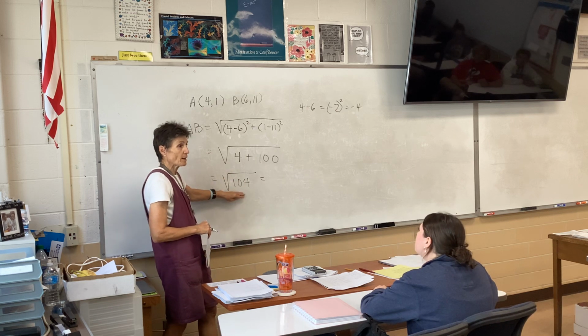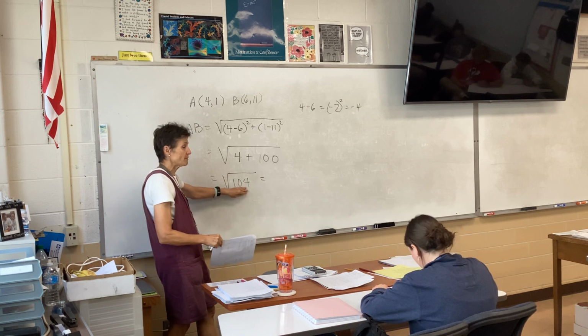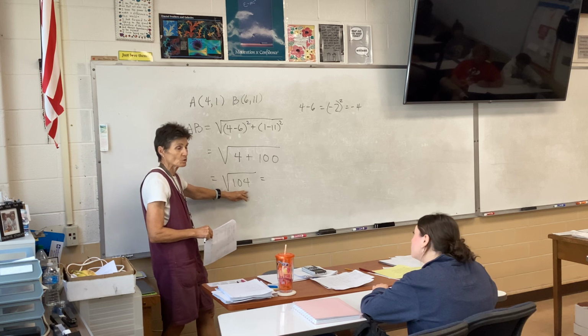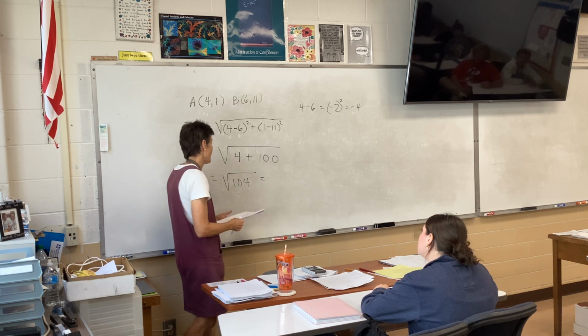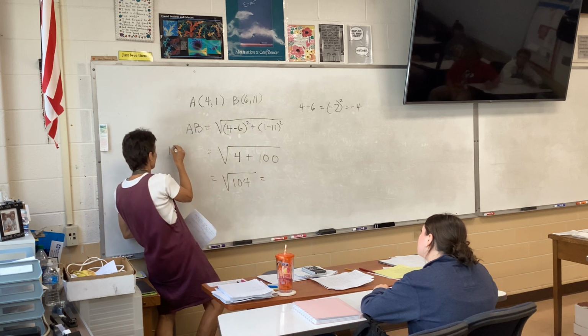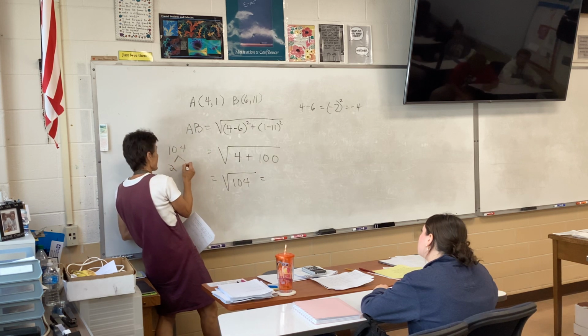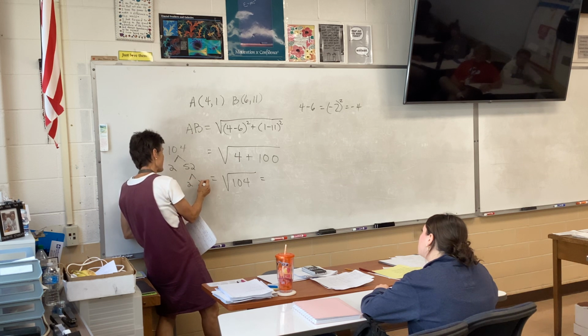You get 7/8 credit if you put that in the answer blank. What else do I have to do if I want full credit? I have to simplify it. So 104 is 2 times 52. 52 is 2 times 26.